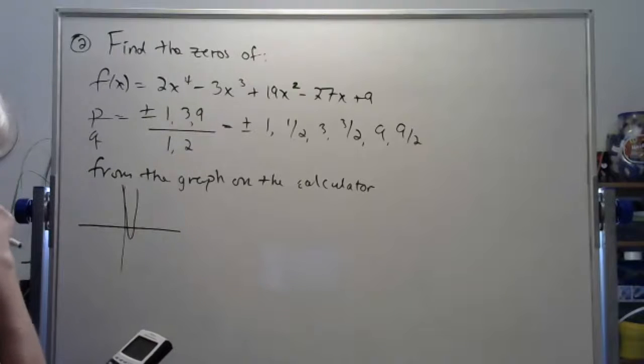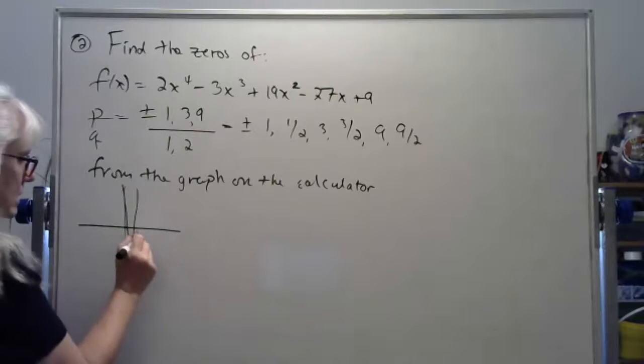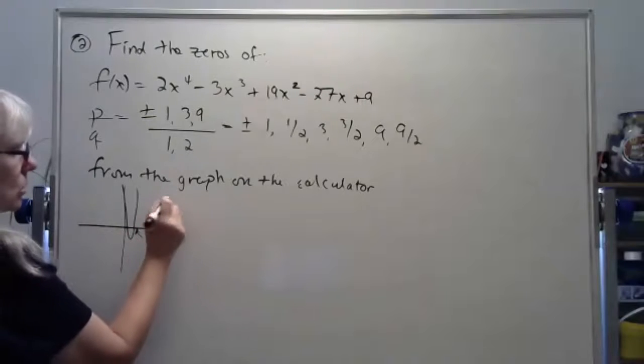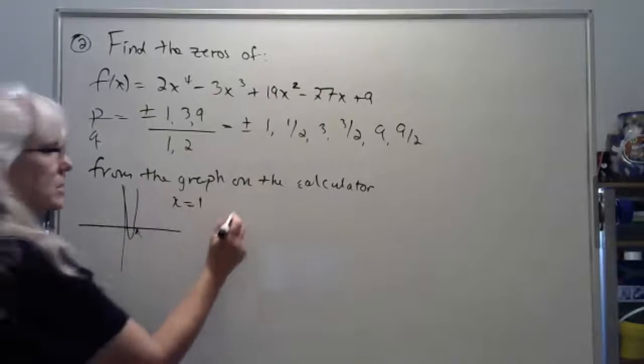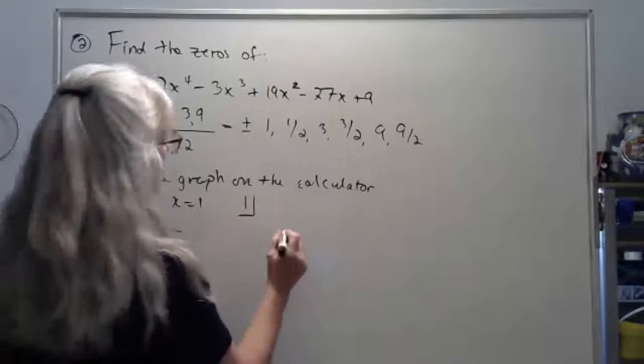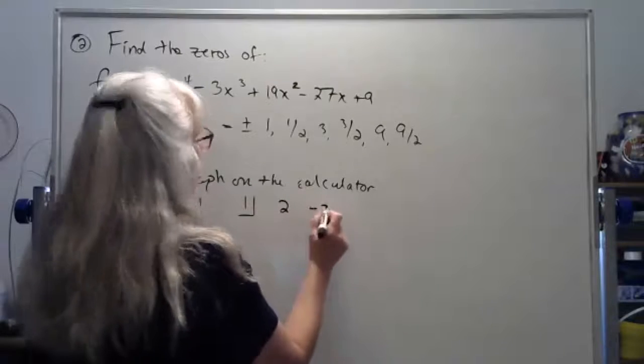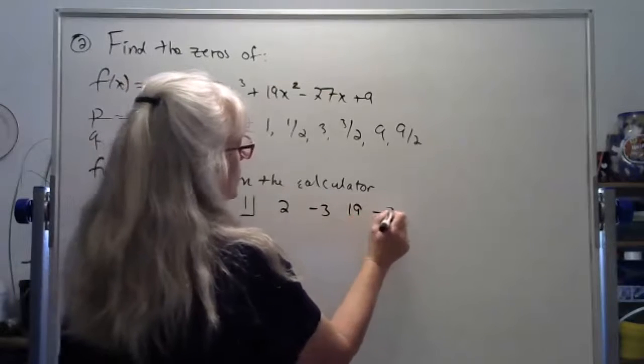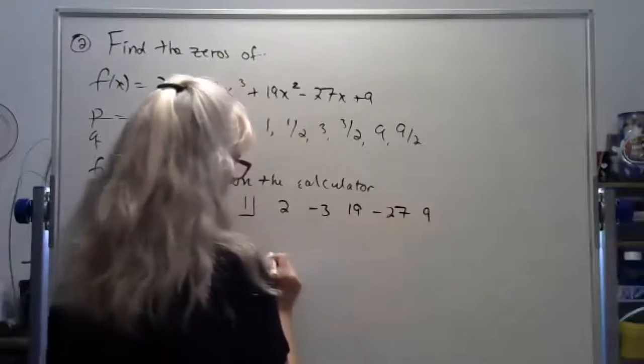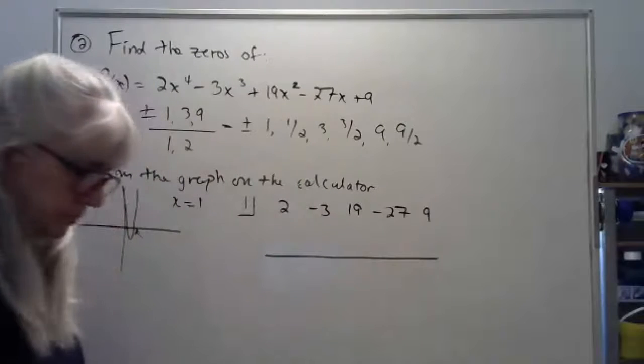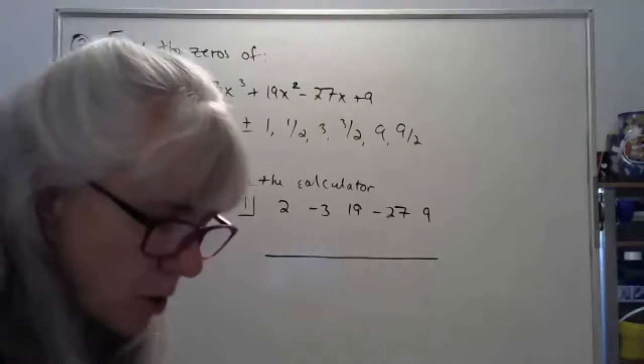Okay, let's leave the one on the left side alone. This guy over here, we can see is at x equal to 1. So we're going to use 1 in our synthetic division. So I have 1, 2, -3, 19, -27, and 9. Okay, so you go through and do it.